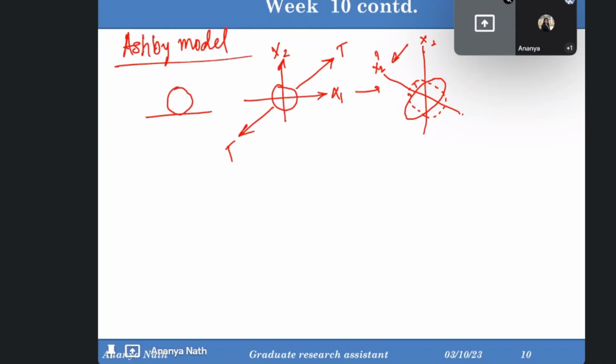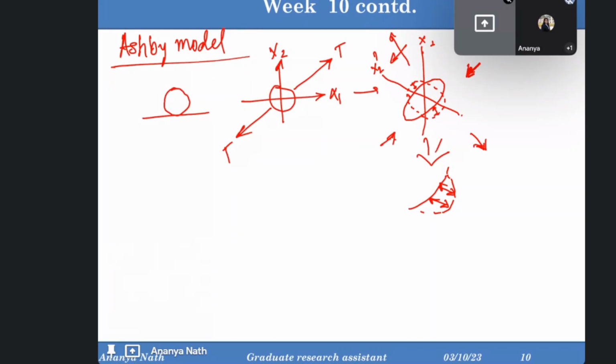So this is the gap. To fill this gap, you can load it again in the opposite direction, or you can load it in this direction to stretch it out to its original shape, or by applying this sort of load you can punch out the dislocations present over here, because due to the elongation of the particle, the dislocation density in this region will be very high.